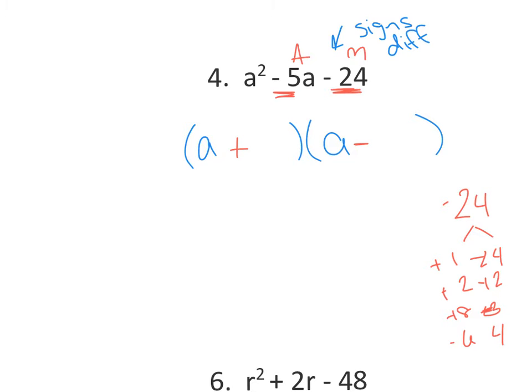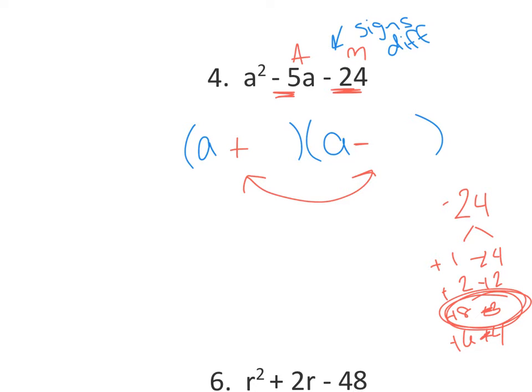There are all these different combinations, but you have to find the one that works. So I start to think, well, if my signs need to be different, that really isn't adding. It's more like subtracting in a way. So if I subtracted these numbers, which one would really get me to 5? And that's the 8 and 3 combo. Because if I do 8 minus 3, I get 5.